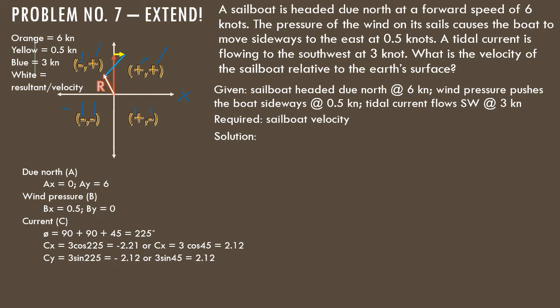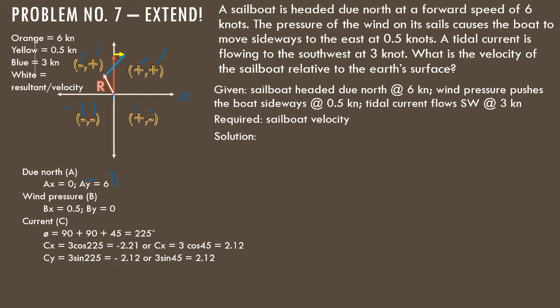So first, let's get the x and y component of each vector. So yung una is due north. So yung due north natin ay yung A. Since pa-north lang naman siya, yung Ax natin ay remain at 0. Then yung Ay ay 6, kasi nagkaroon ng movement towards north na 6.